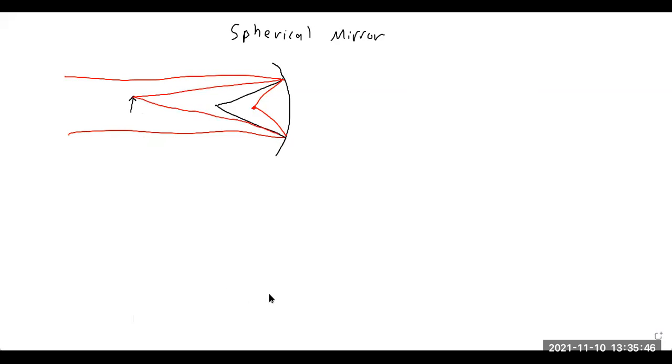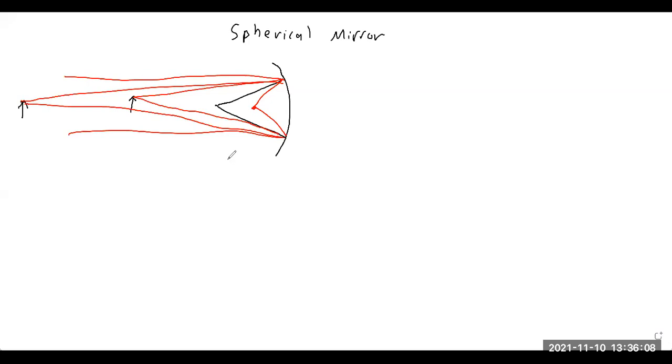If you have something which is farther, the light coming off of it still isn't parallel, but those incoming rays are closer to parallel.